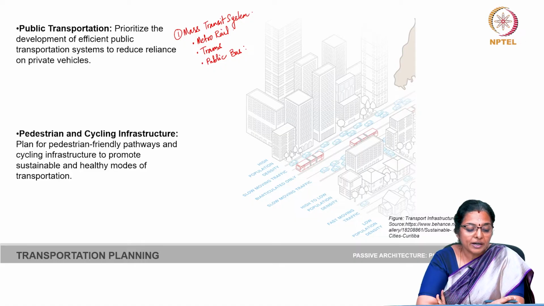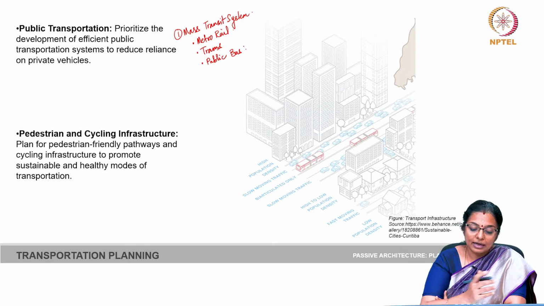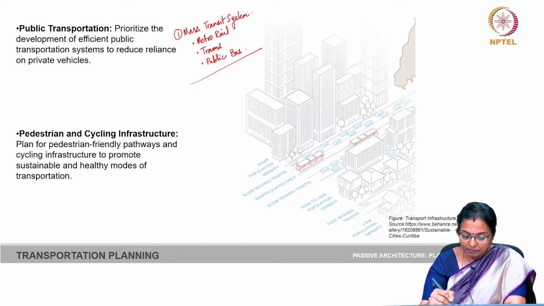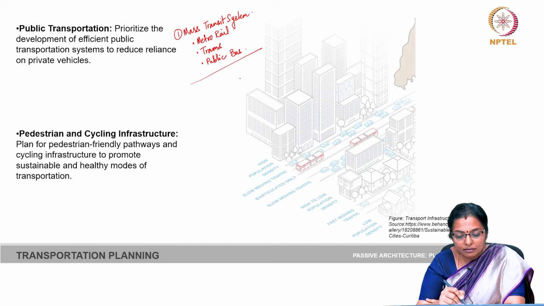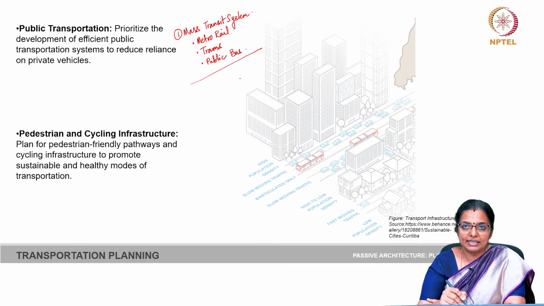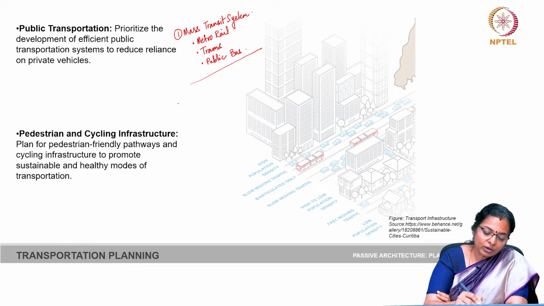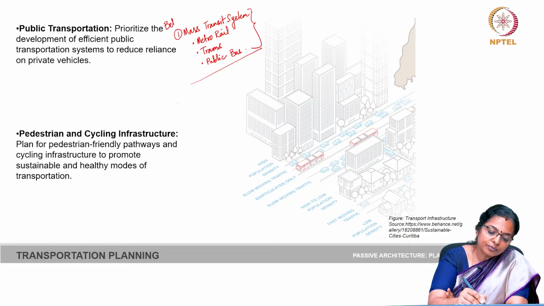And we must prioritize the development of efficient public transportation system and reduce the reliance on private vehicles. Then this is at a larger city level, between two settlements. Within a settlement, within a neighborhood, more emphasis must be. So, this is, I would say, between neighborhoods.